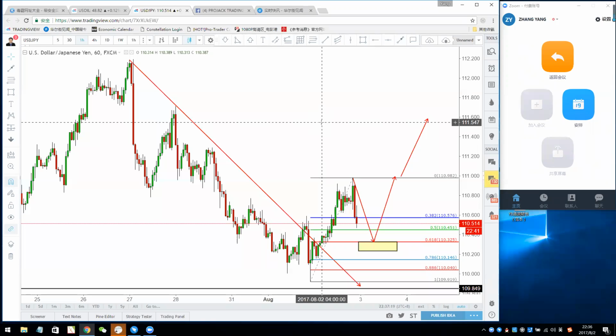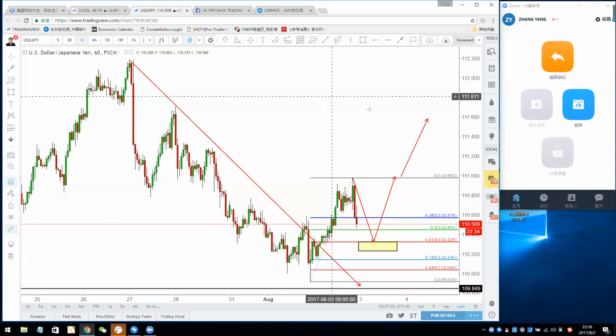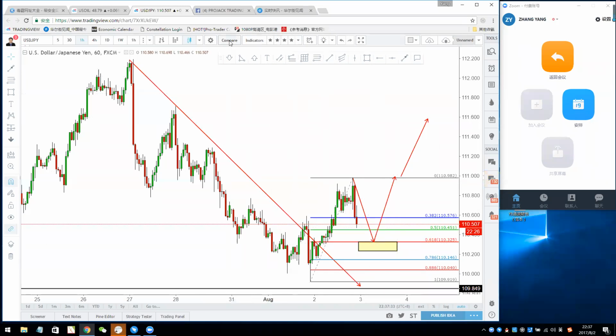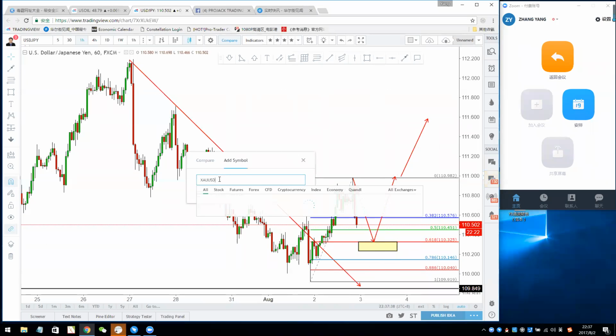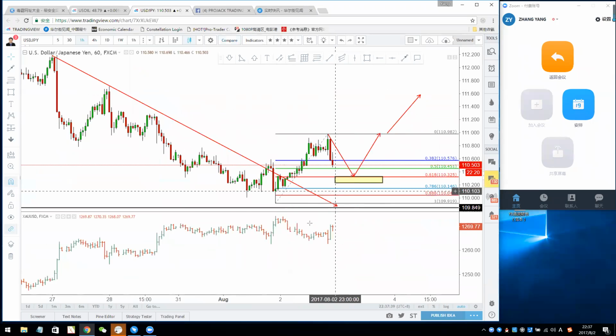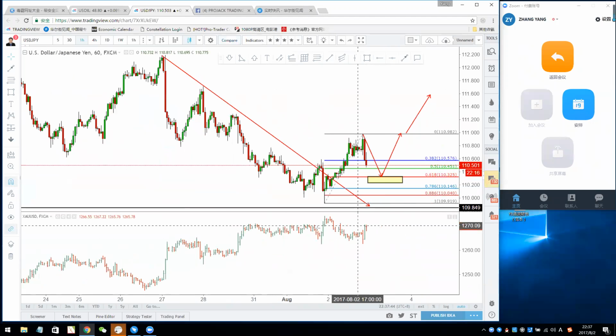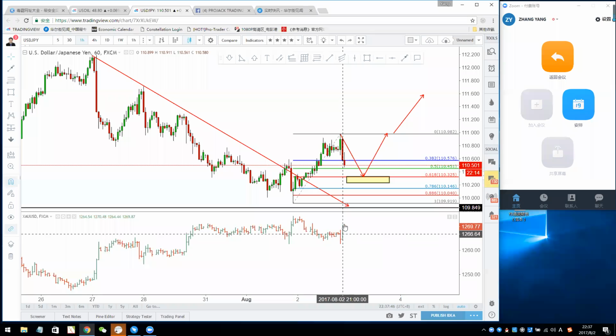In the correlation, if dollar yen hits here and goes up, most likely the gold will go down. They are negatively correlated. But recently, for the gold, it didn't really work in a very negative way. You see the gold is still going up, comes down, and goes up again.